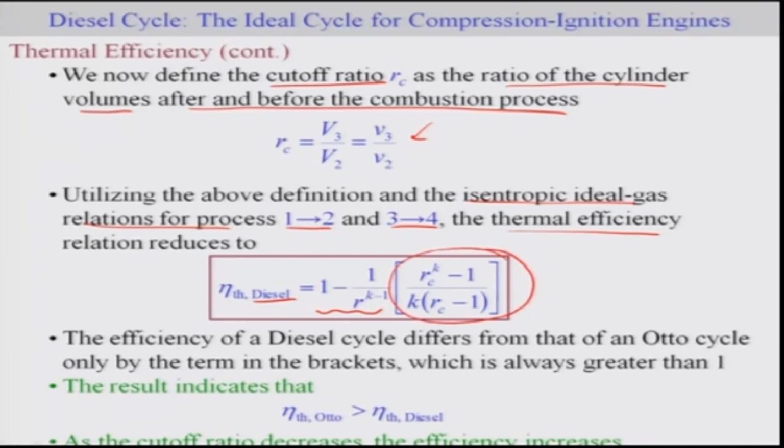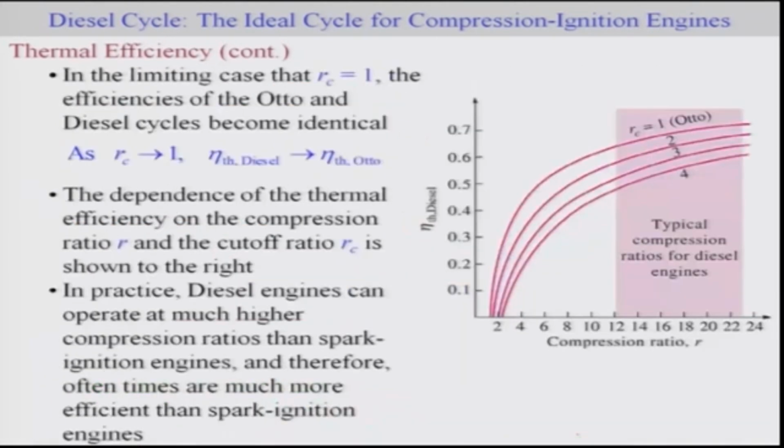So that means the efficiency of the diesel engine differs from that of the Otto cycle only by this term in the bracket, and it turns out to be always greater than 1, which essentially means that the Otto cycle efficiency is usually greater than the diesel, for the same compression ratio. As we decrease the cutoff ratio, the efficiency increases. And we can consider the limiting case: when Rc tends to 1, the diesel efficiency tends towards the efficiency of the Otto cycle.